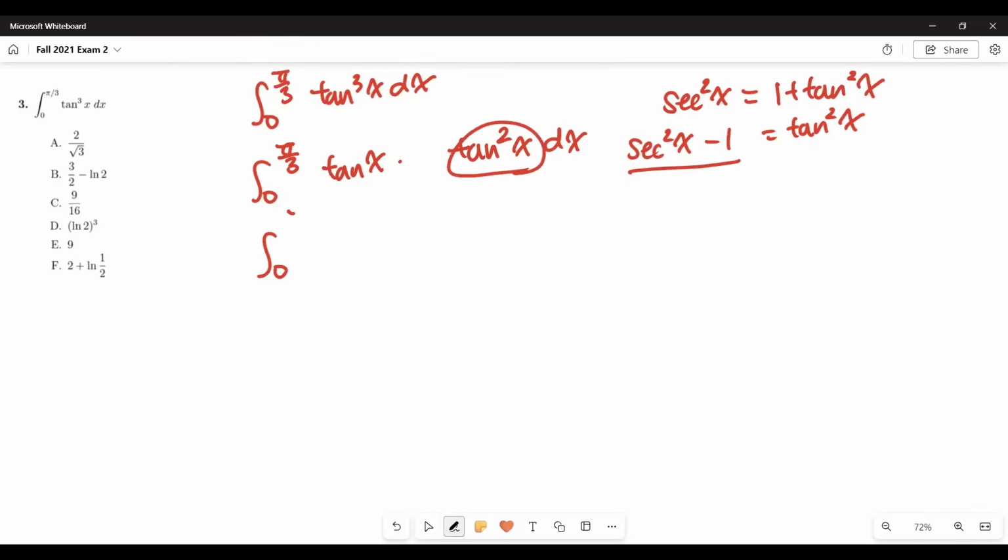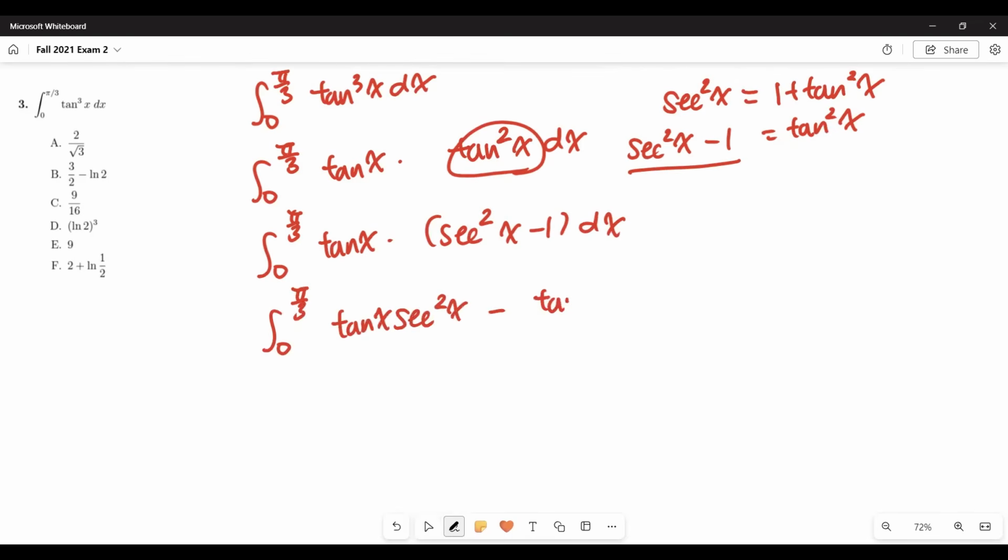So from 0 to pi over 3, tangent x times (secant squared x minus 1) dx, and we multiply those values, distribute basically: tangent x secant squared x minus tangent x, and this entire thing is multiplied by dx, right?